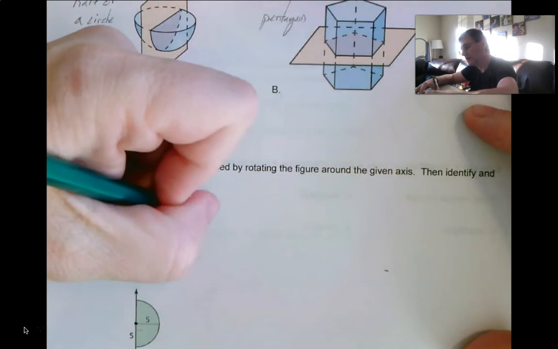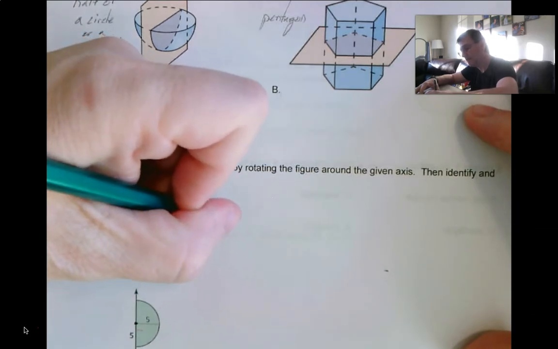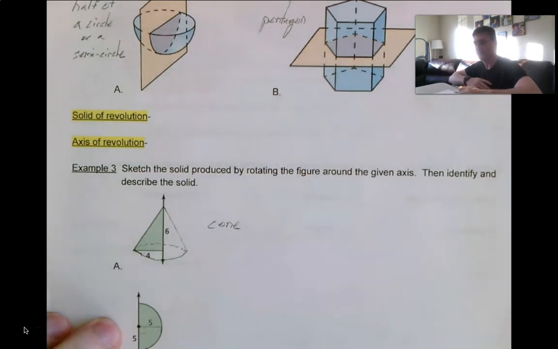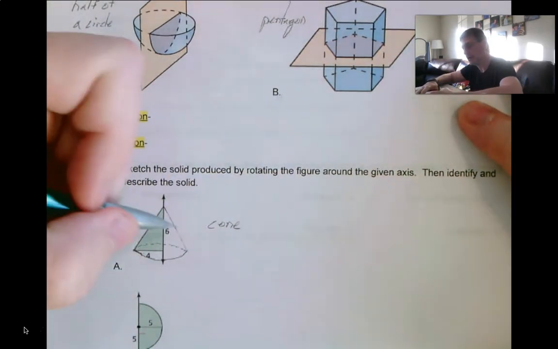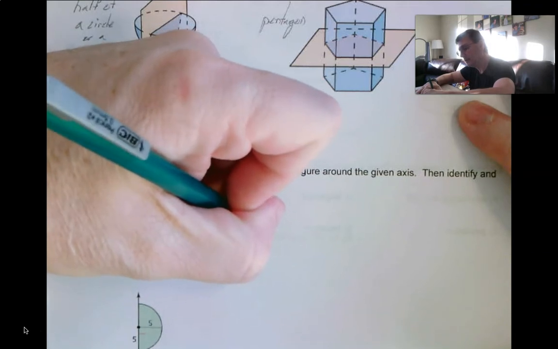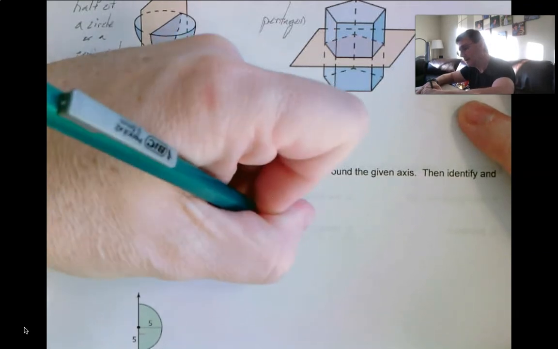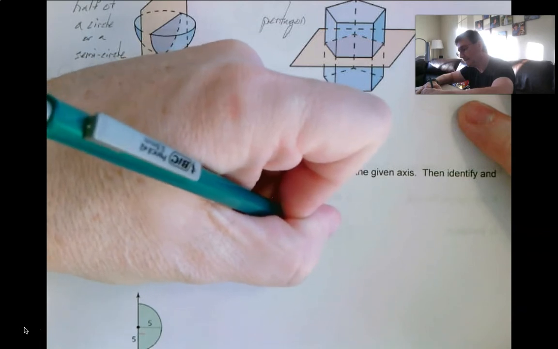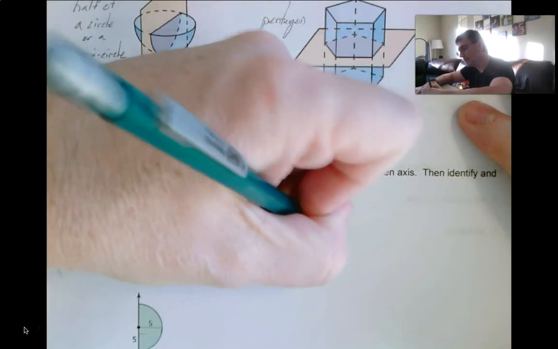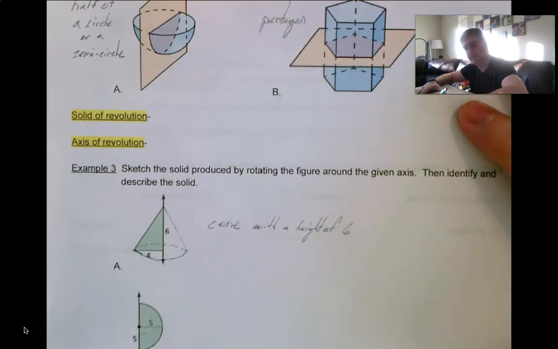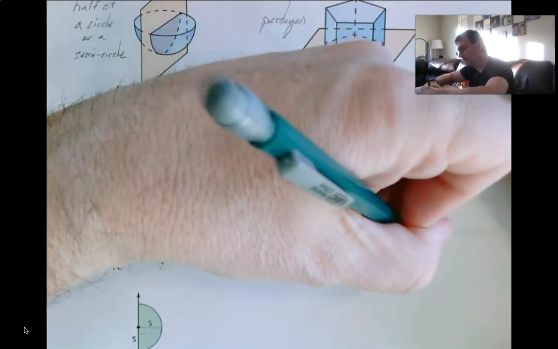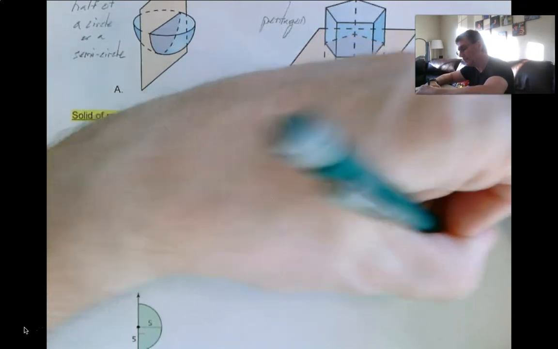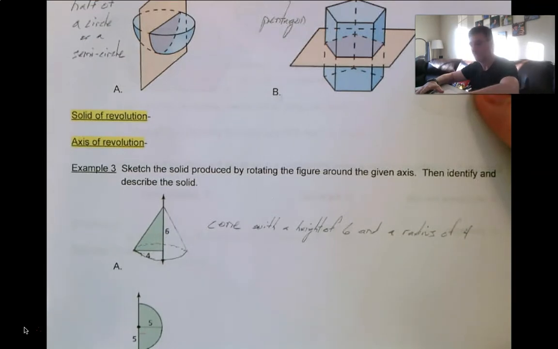We're going to get a cone. So that's identifying the shape. Describing the solid is giving the dimensions. So a cone with a height of 6 and a radius of 4.